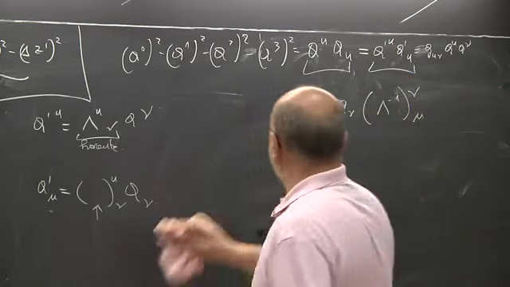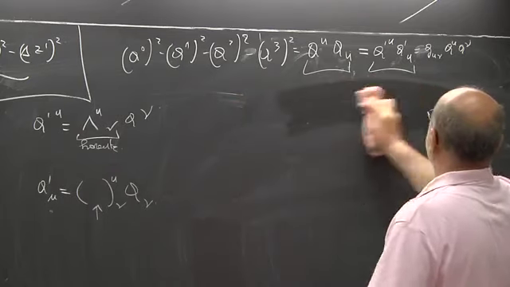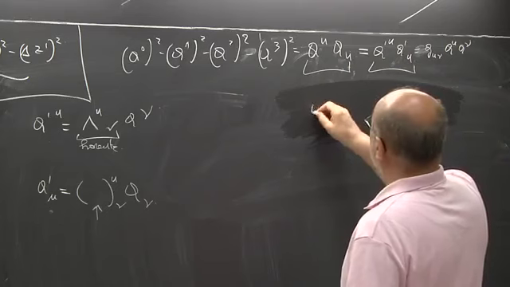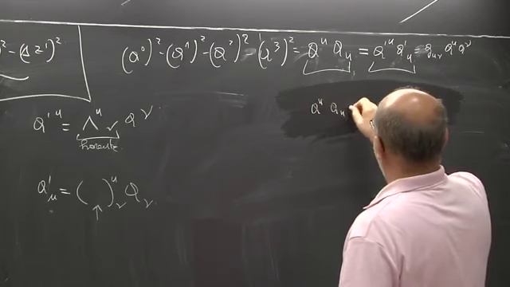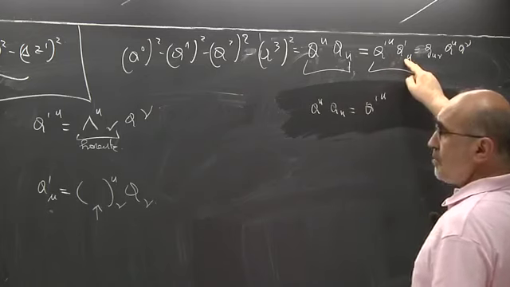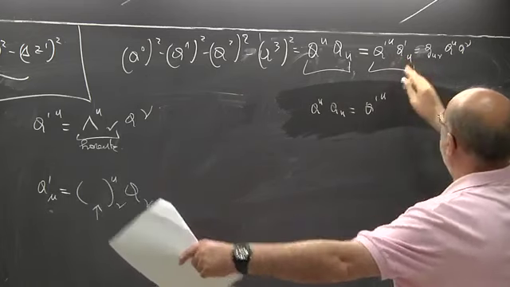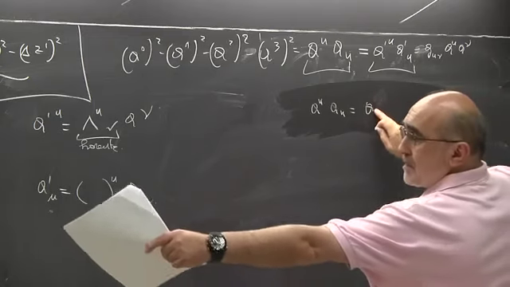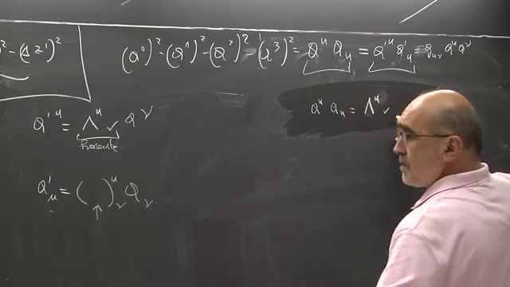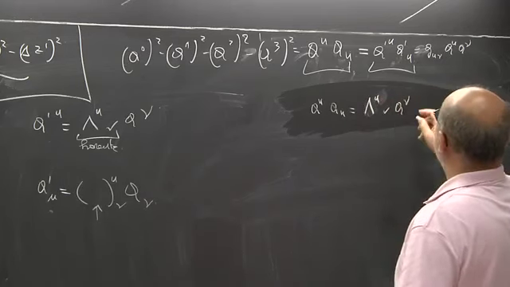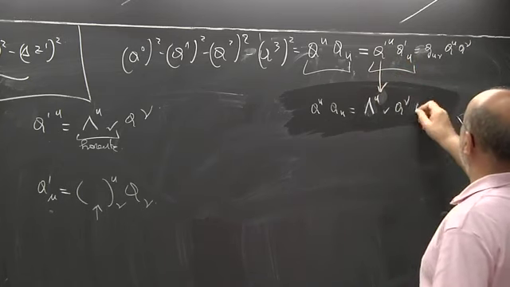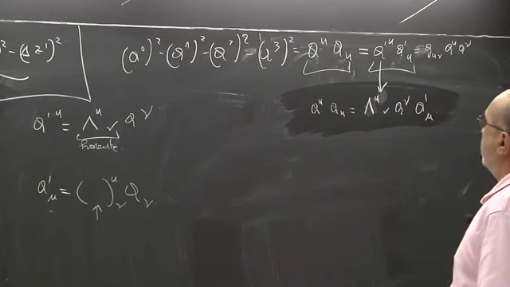Let's do it explicitly if you have not understood. Let's start from here. We know that this four-length is the same. Then we have A_μ A^μ equal to A'_μ A'^μ. And this object, we look, this object there is Λ^μ_ν A^ν, and is this object, then A'^μ.